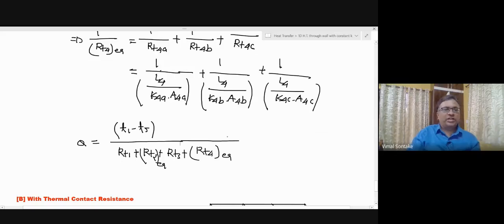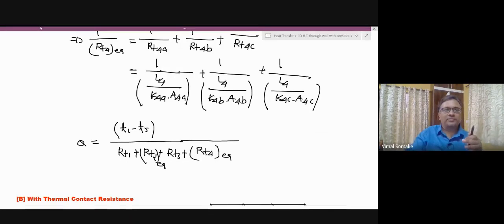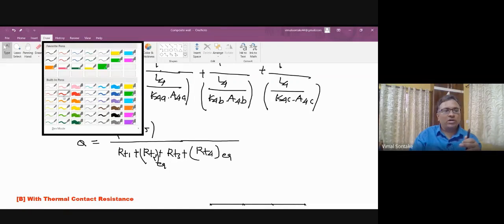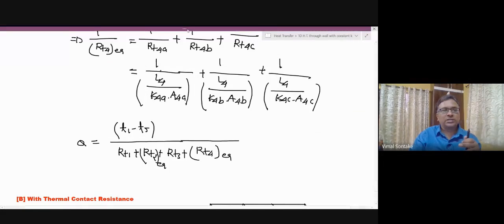So this expression takes into account all the thermal resistances of walls connected in series and parallel. This is a very important expression taking into account all the possible things.